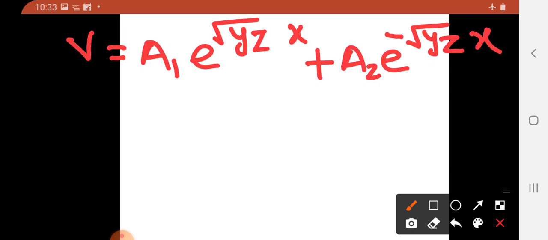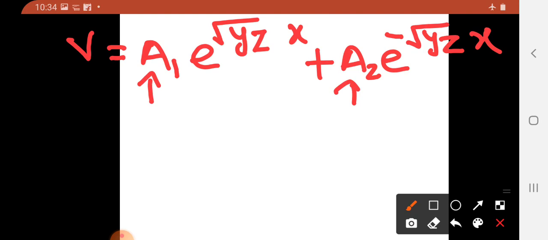This is an expression for voltage, the solution of the equation. Let us assume it as equation 3. Now we need to find the values of a1 and a2.